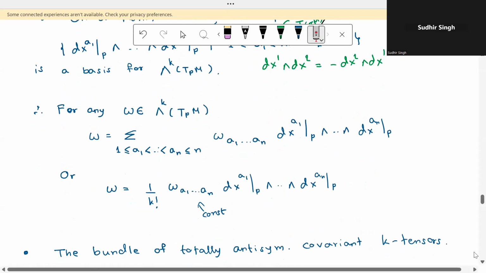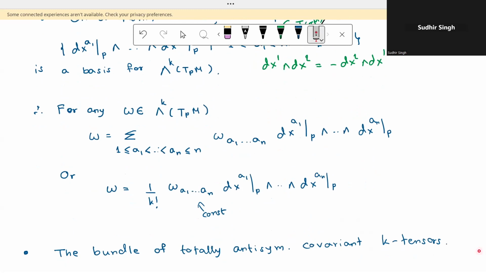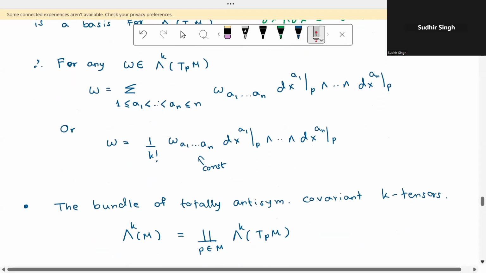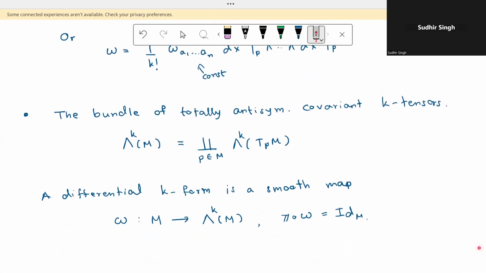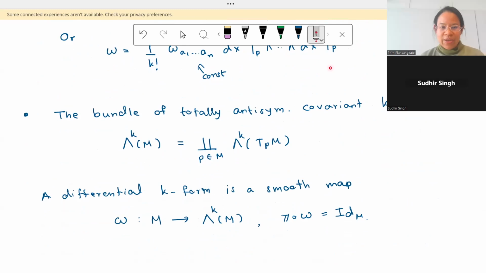Right, so this is our totally antisymmetric K tensors at a point, but now we can look at a field of it, and a field of totally antisymmetric covariant K tensors we call a differential form. We can define this via a bundle as before.